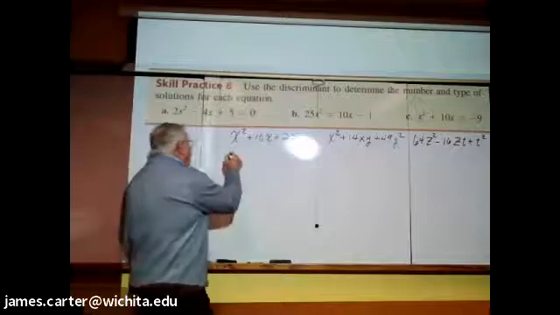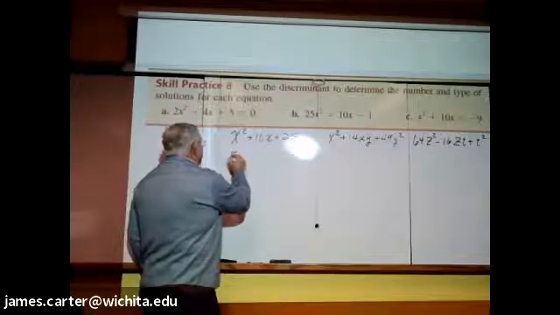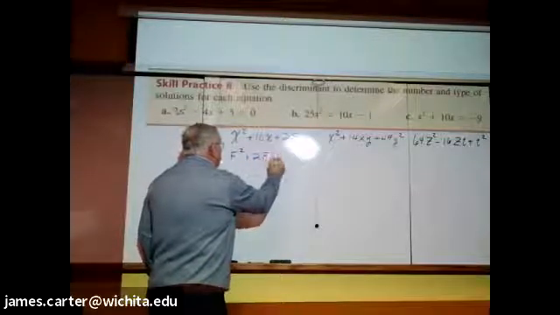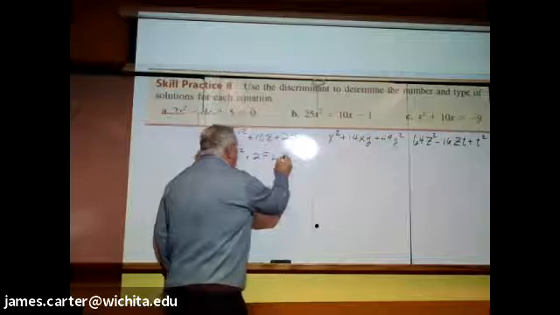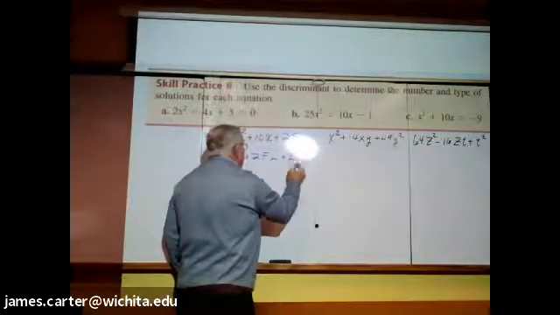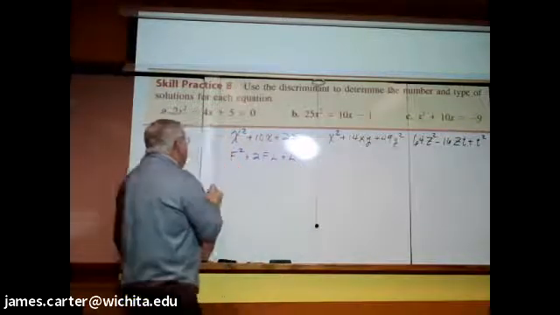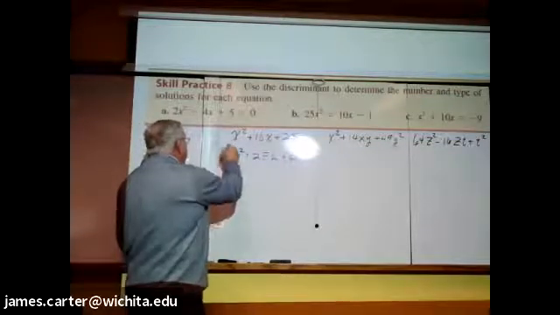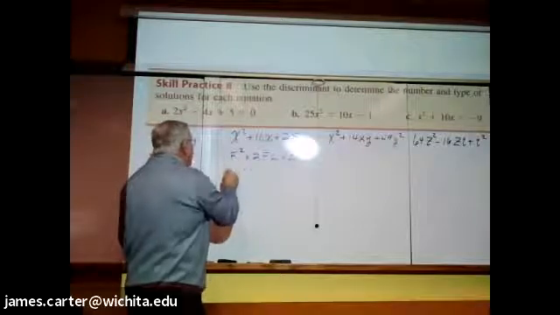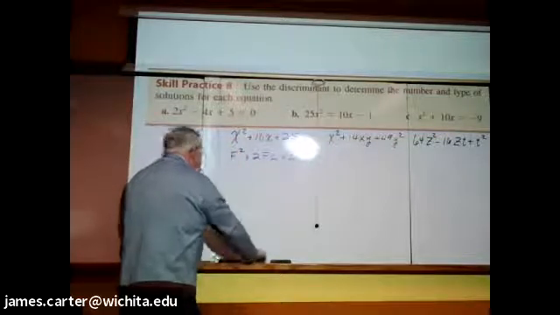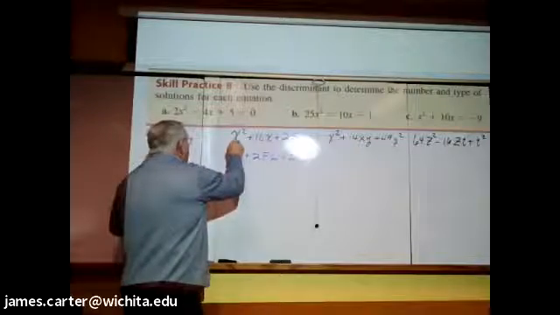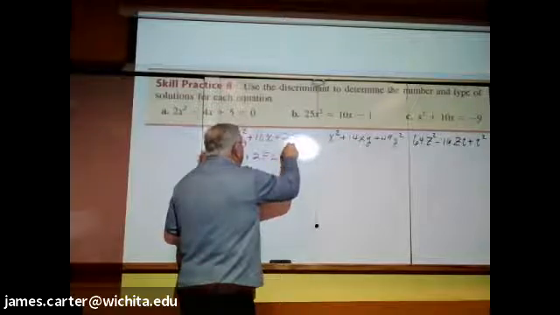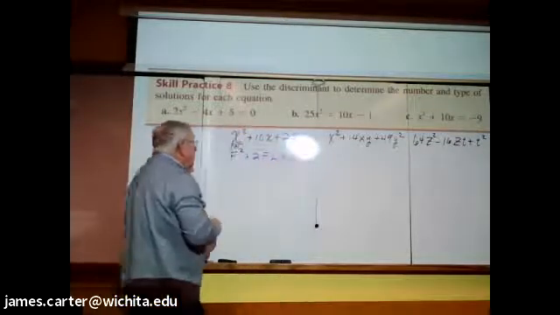Now, I'm going to take a slight variation of that. First term squared plus 2 times the first term times the last term plus the last term squared. Okay? Well, in this case, this can be rewritten as 1x squared, and this can be written as 5 squared.